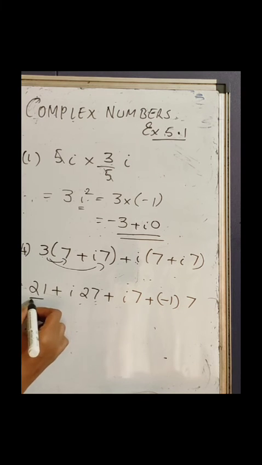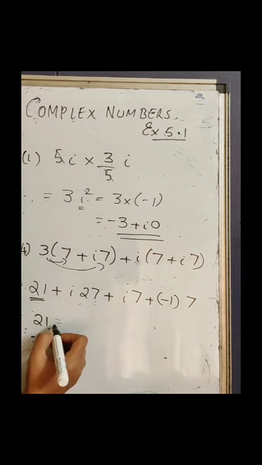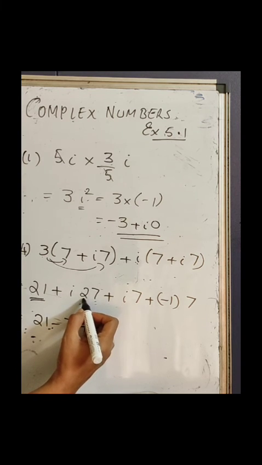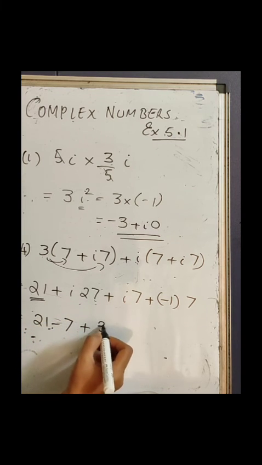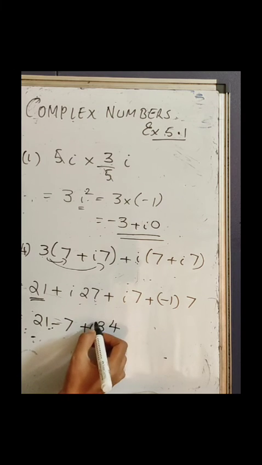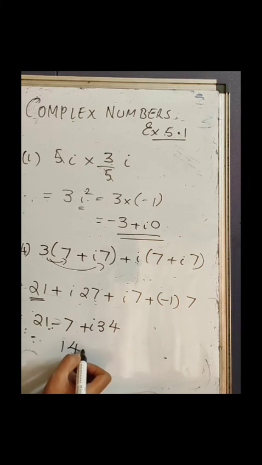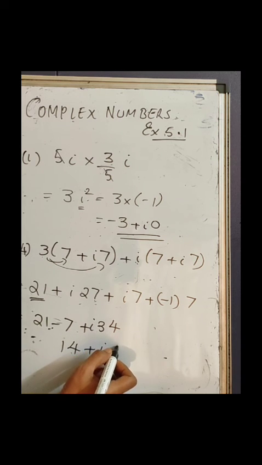So 21 minus 7 plus, here it is 27 plus 7, 34i. 21 minus 7, it is 14 plus i into 34. That is the answer.